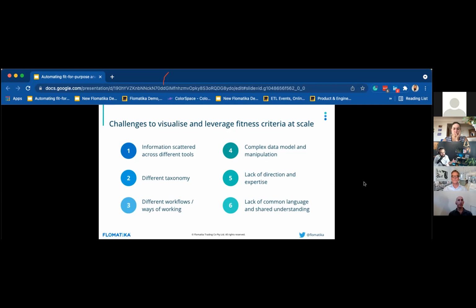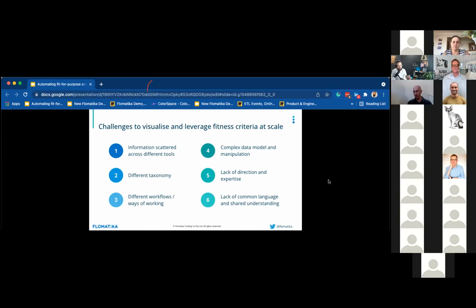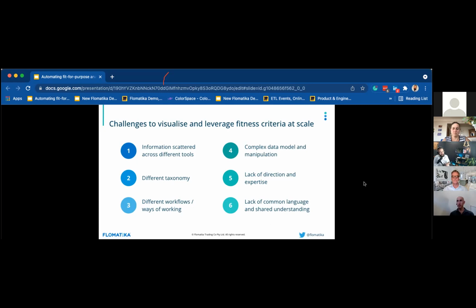Some more advanced practitioners might even use more specialized tools. But when they hit the wall, what they usually do is, let's go to Excel. They export the data, put it in Excel, and start playing with it and trying to manipulate data, understand what the lead time is, what the flow efficiency is, and so on.